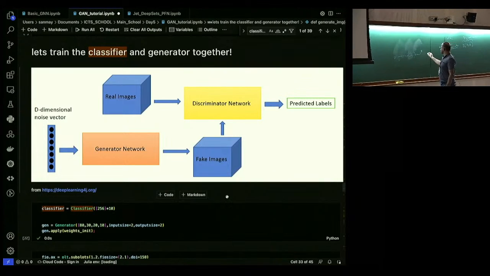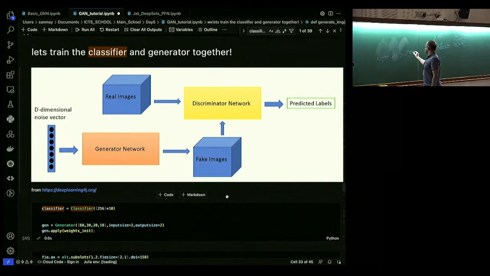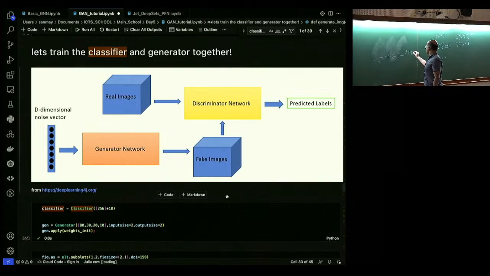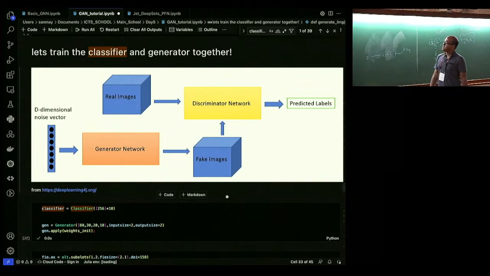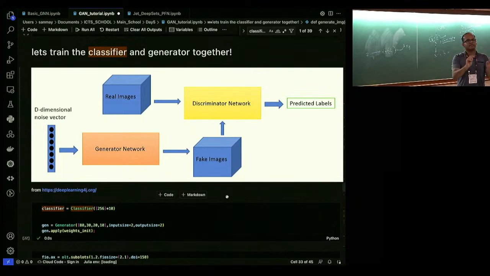Let's call that x fake. And then in our real world life, we have real data which is following the distribution, which we know. So there will be a function D which will take into account x real and the generated one, x fake.